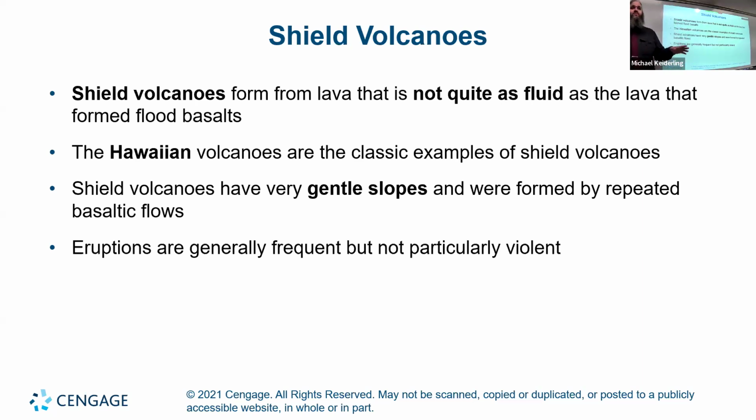They have gentle slopes. They sort of travel out in a curved shape. The idea was that they look like a shield, the arch of a shield sitting on the ground. And the eruptions are generally frequent, but not particularly violent. So these are the things that are steadily pumping out lava.